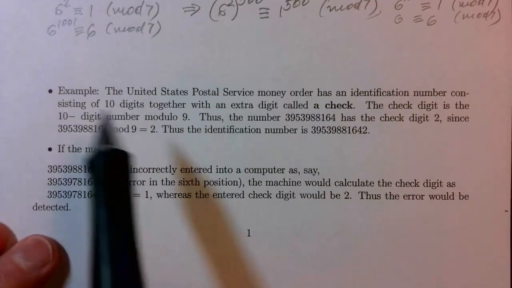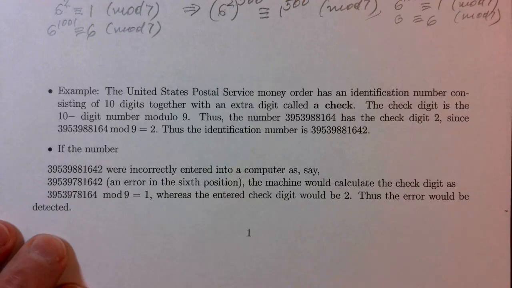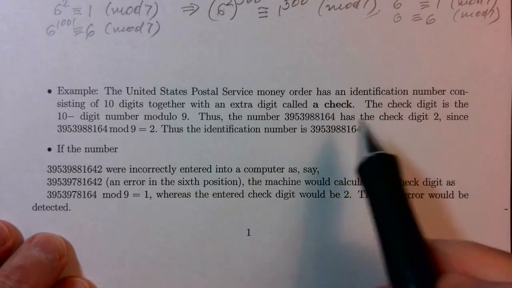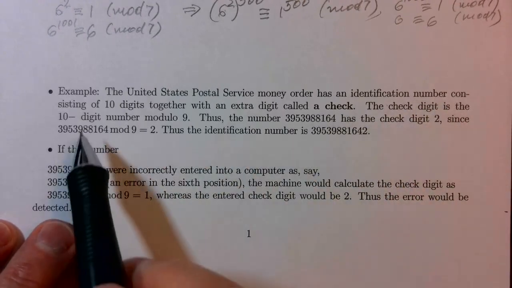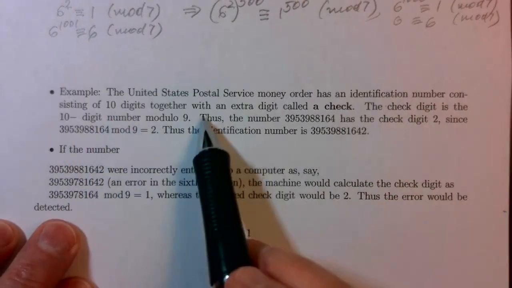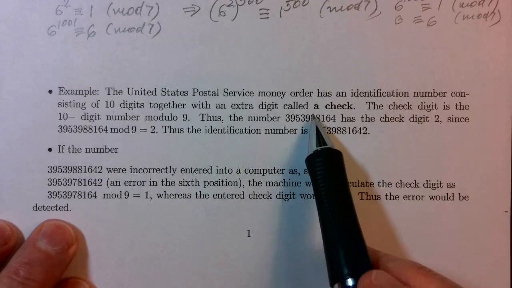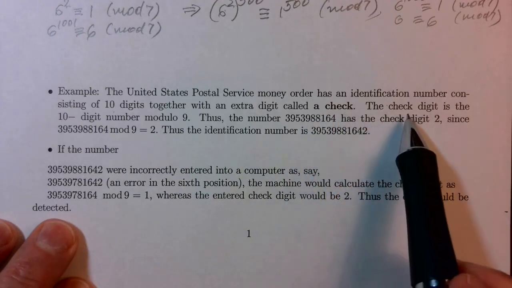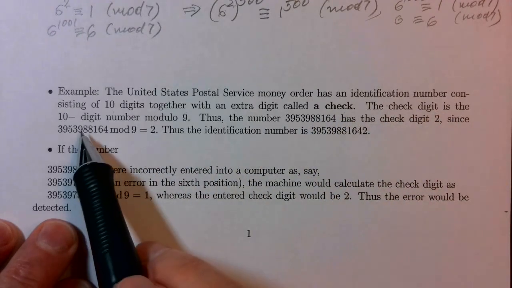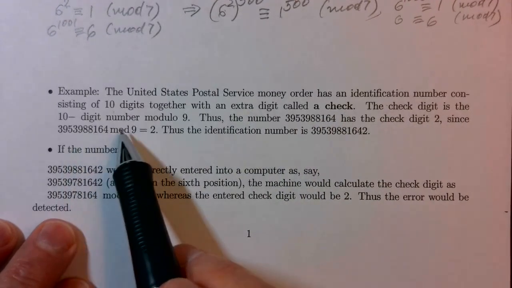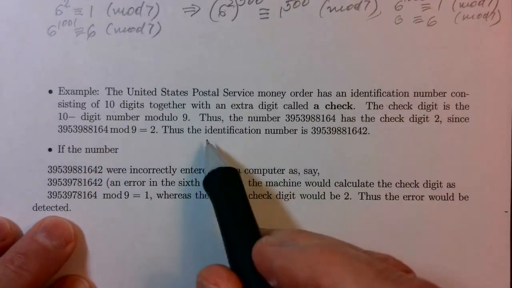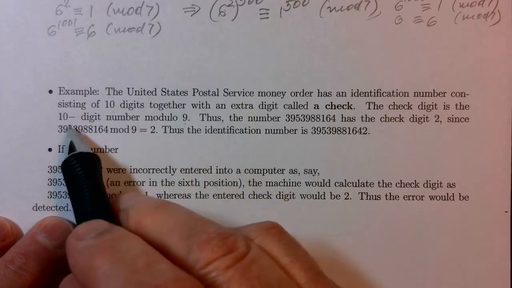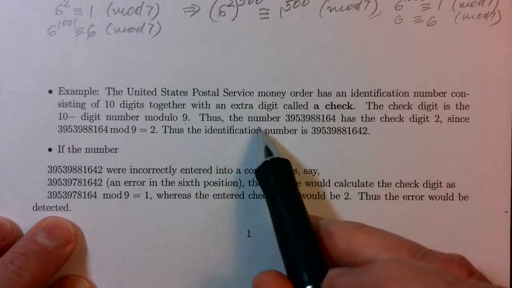The next example is about the United States Postal Service's money order. Those have identification number consisting of 10 digits together with an extra digit called a check. The check digit is the 10-digit number modulo 9.